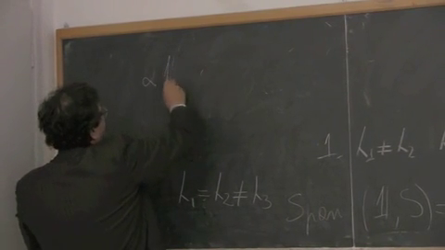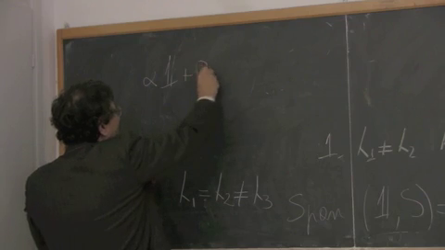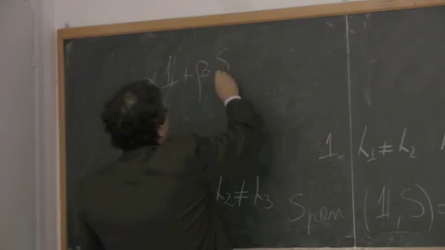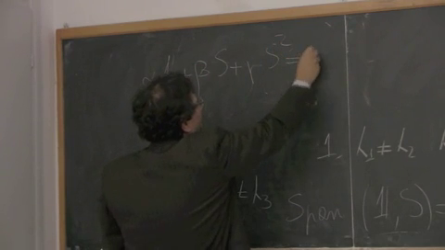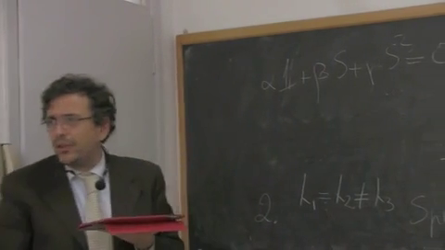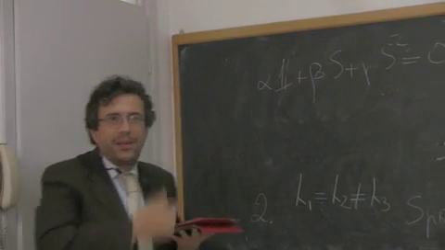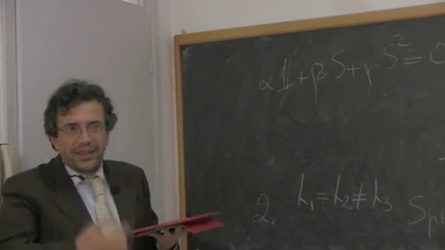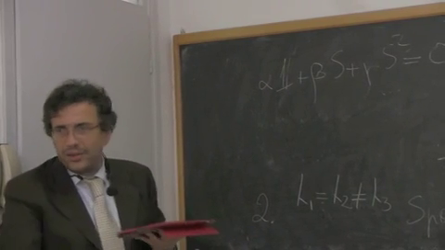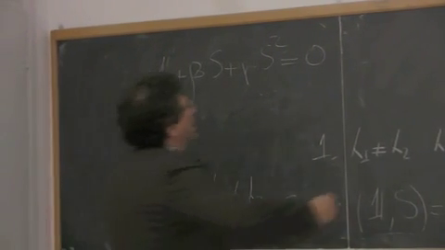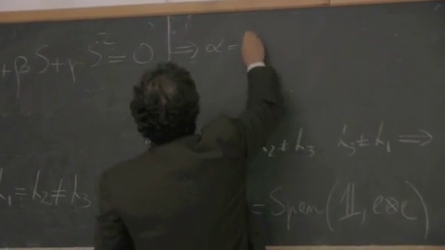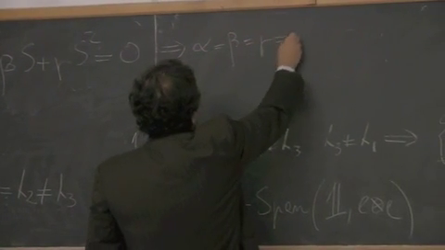given alpha, beta and gamma, assuming that this is equal to the 0 vector, which is the map which maps every vector into the 0 vector, okay? We must discover that this implies alpha equal beta equal gamma equal 0.